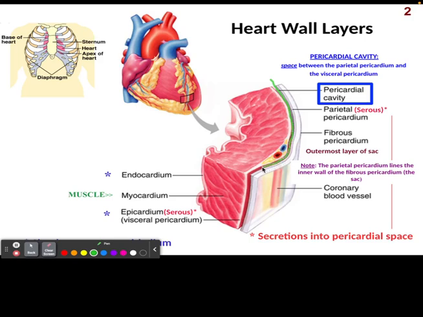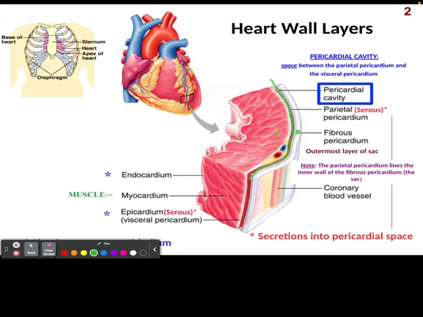This is very important because in this gap we're going to have fluid. This fluid is going to make sure that when the heart beats, the muscle and this connective tissue on the outside do not rub up against each other.